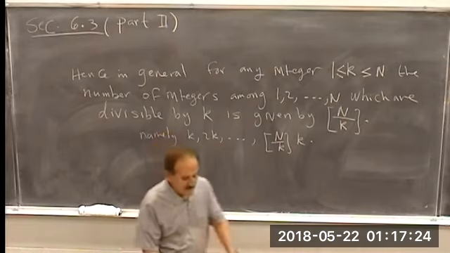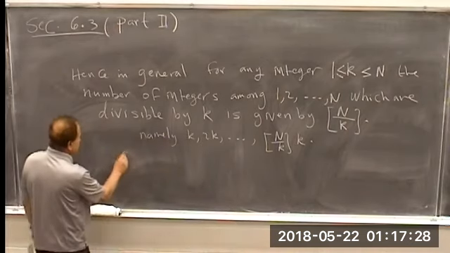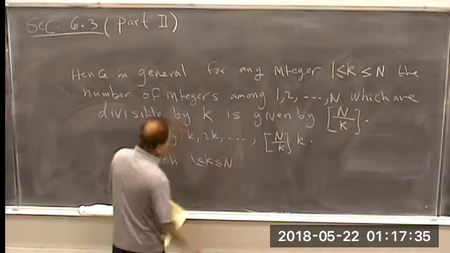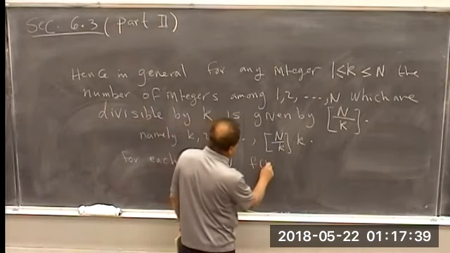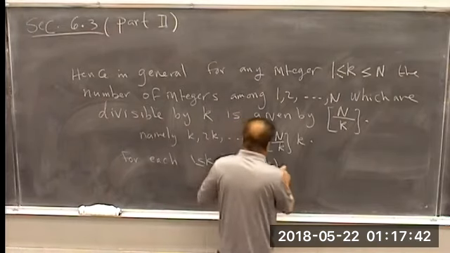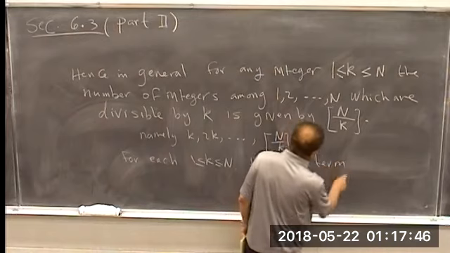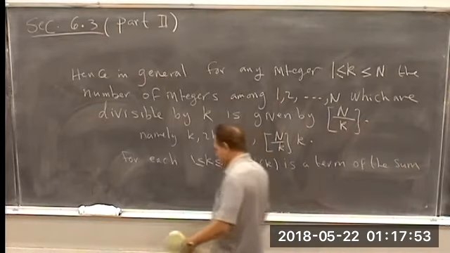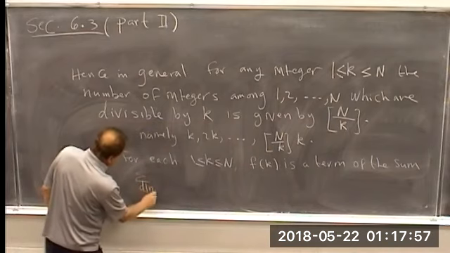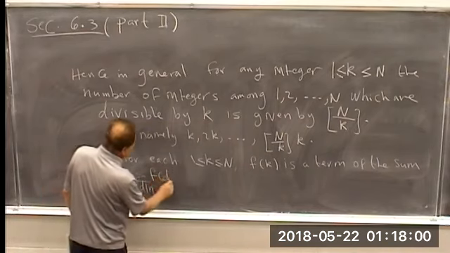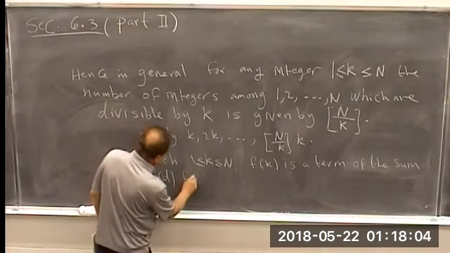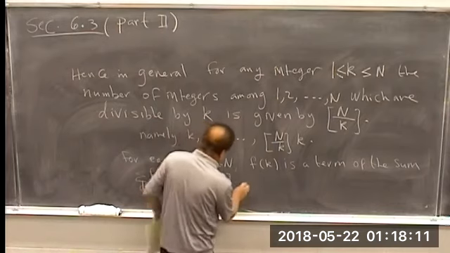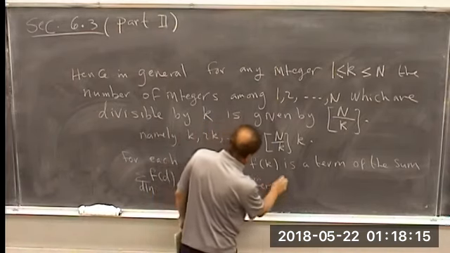So in other words, for each of these k's, f of k is a term of the sum over d divides n of f of d for n over k different values.